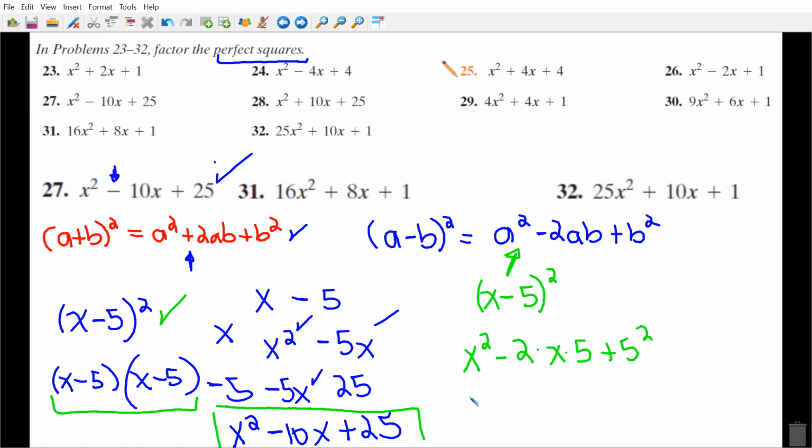What is the answer? X squared minus 10x plus 25. So, yes, I had it correct. Yes, it's easier. But you decide what method you'd like to use in order to factor the perfect square. Okay?